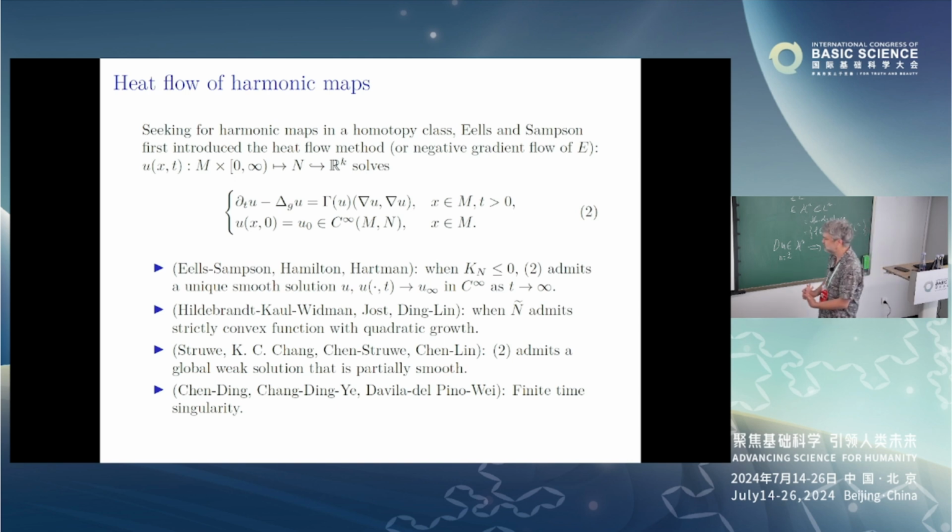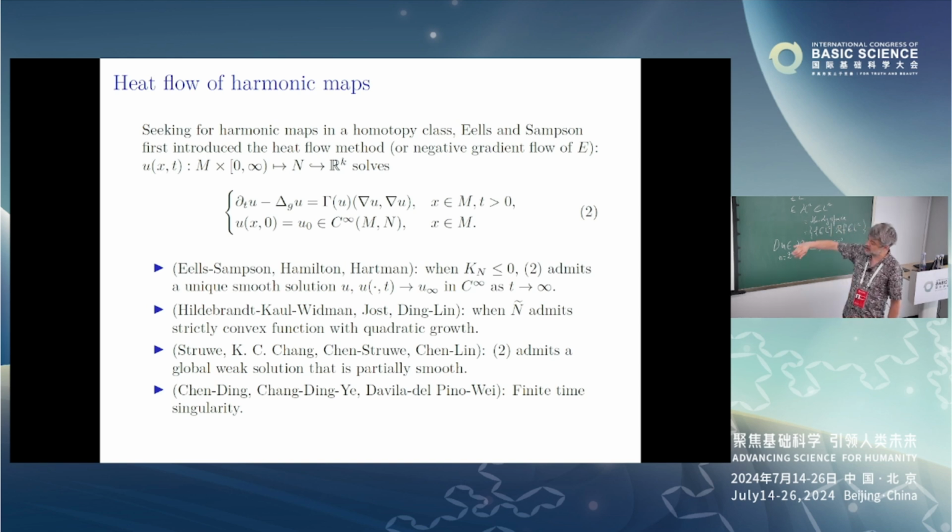As far as I know, this is the first time that the flow method is used to solve an elliptic equation. It's the 50s. I'm not aware of any before. Well, probably physicists knew how to do that, but at least mathematically.